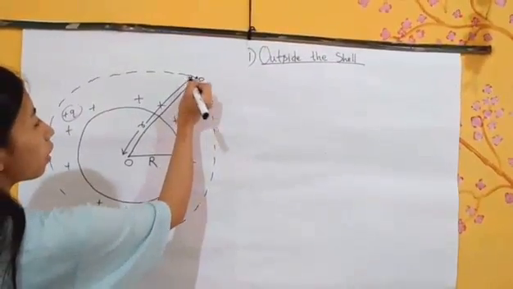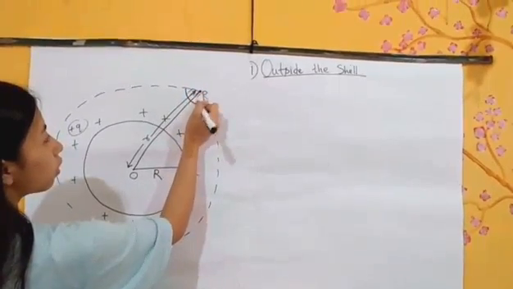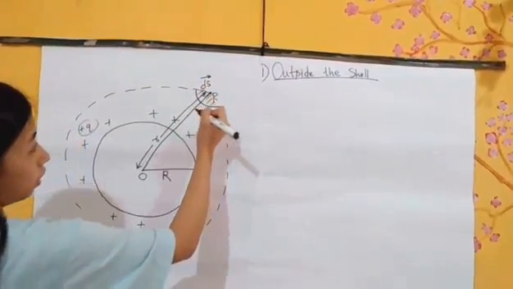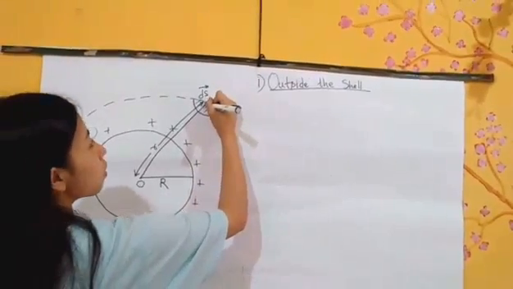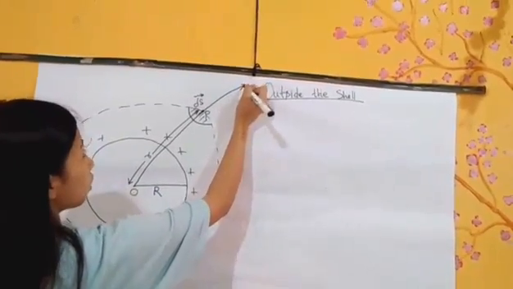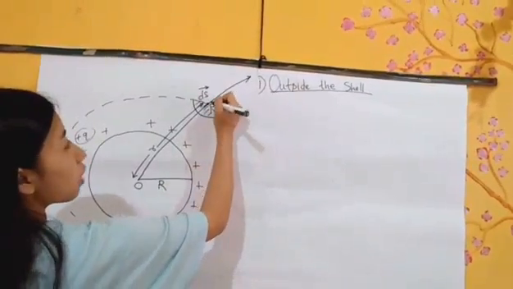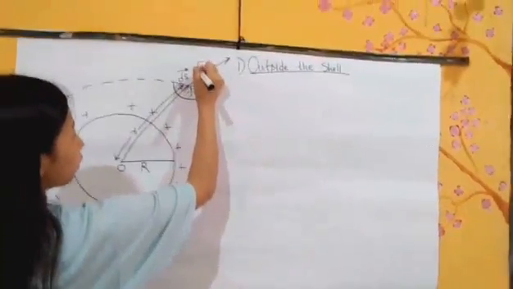Take a small area element dS at the point P, dS vector, and say the direction of the area element is perpendicularly outward from the surface. And let's say this area element possesses an electric field E vector.